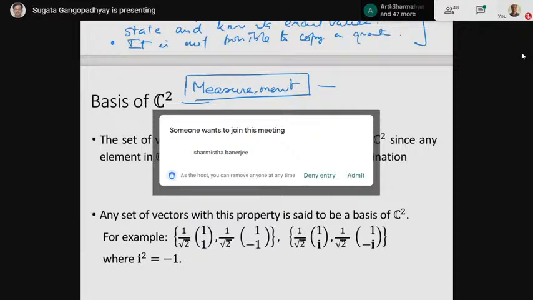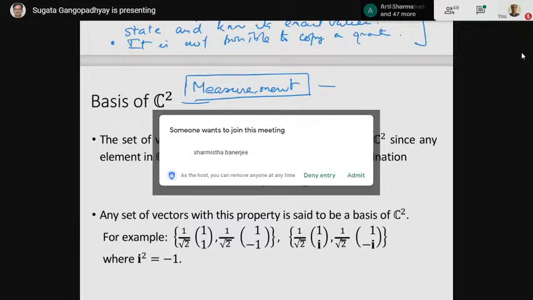The idea is that if I am given a quantum state, it is technically a unit vector in the space of pairs of complex numbers.